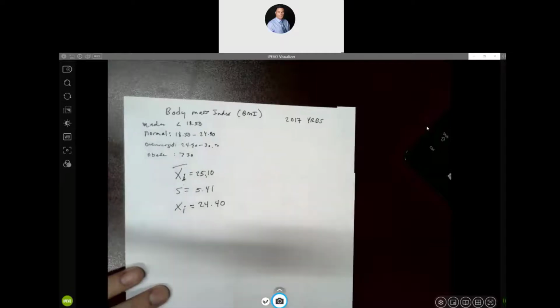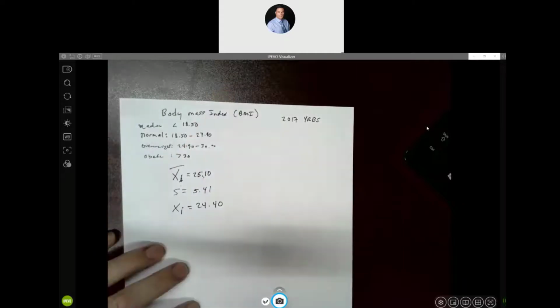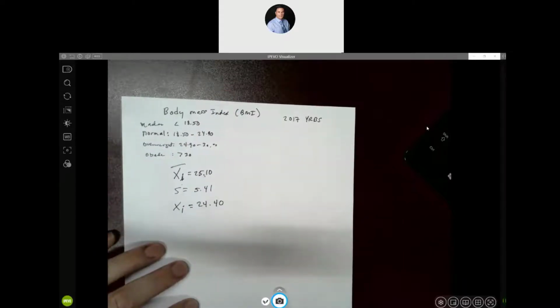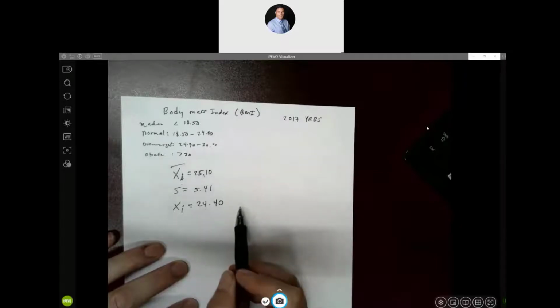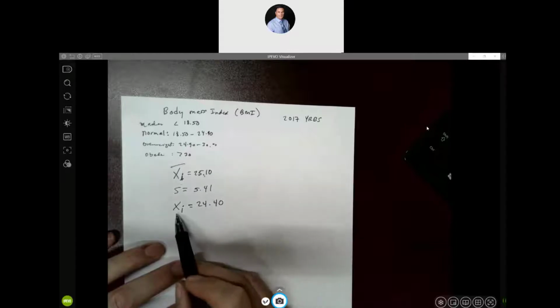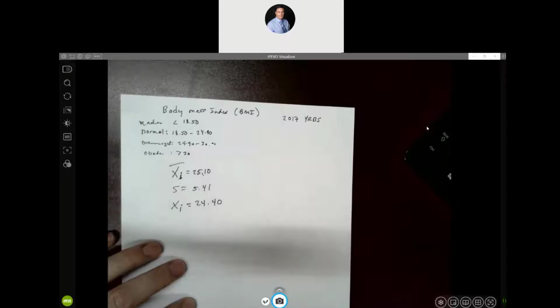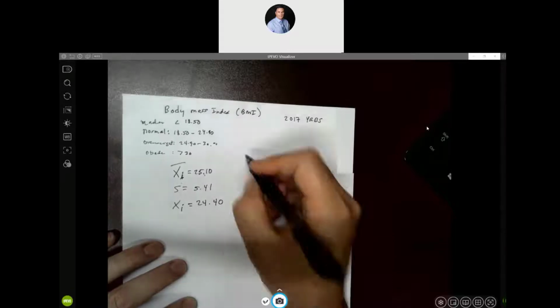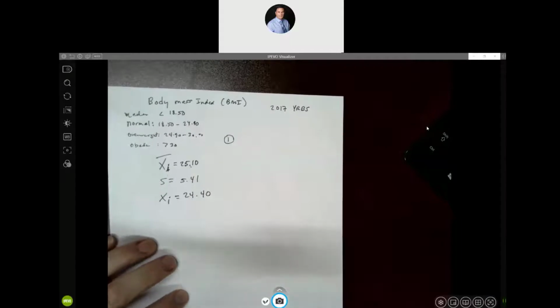So if I wanted to find out how good my wife's BMI is compared to all the other kids, I could find out what percentage of teenagers have a higher BMI than she has and have a lower BMI than she has. All I would need to do is compute a z-score. So Alexis, tell us what the first step is in computing a z-score. Draw it out first.